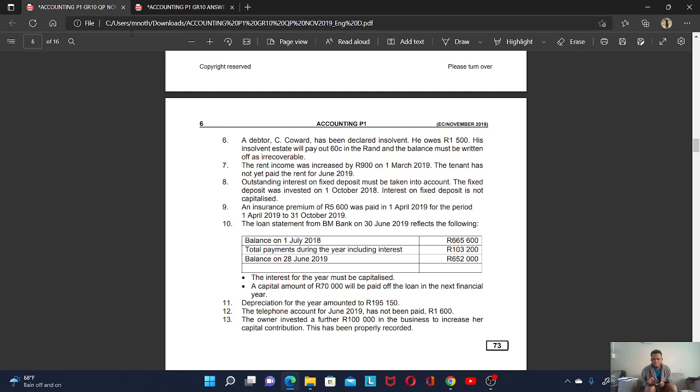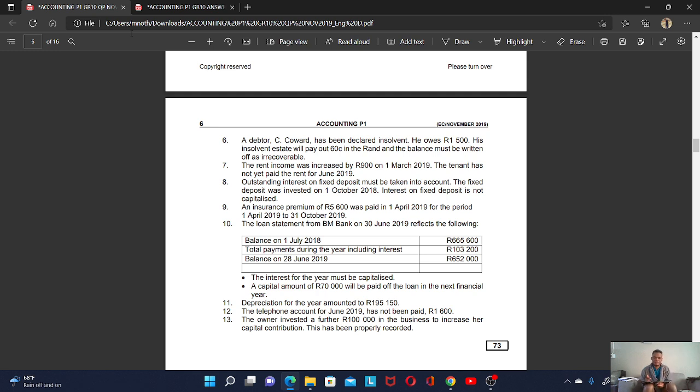An insurance premium was paid on 1 April 2019 for a period of 7 months: April, May, June, July, August, September, October.